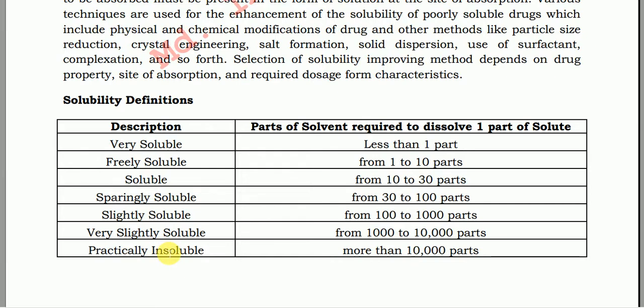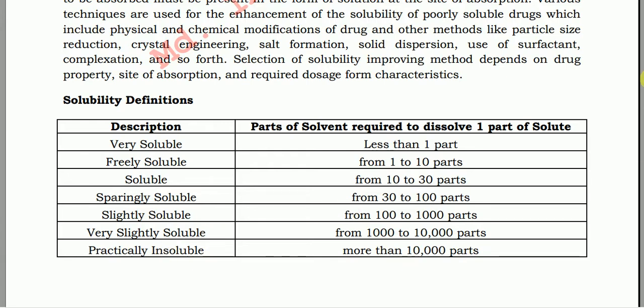For example, wood, brick, soil, and plastic are insoluble in water, and even with more than 10,000 parts, the plastic, the wood, the iron will not become solubilized. That is why they are practically insoluble.